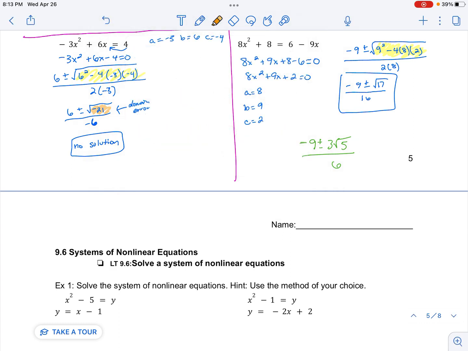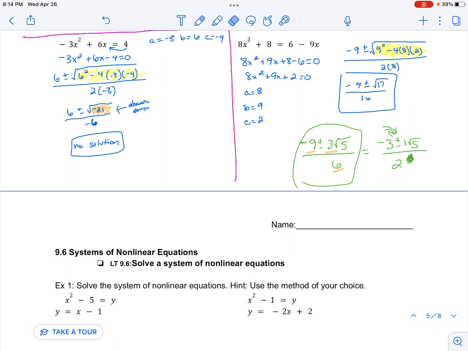In this situation, the numbers that are not inside the radical, so the negative 9, the 3, and the 6, are all divisible by 3. So you could actually reduce this down to be negative 3 plus or minus 1 square root 5 over 2. I believe the calculator, if you were to type this in, will give you this answer. I'm not 100% positive on that, but that's something for you to note.